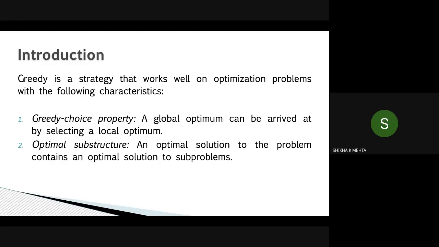So optimal substructure means the optimal solution to the problem contains optimal solutions to its subproblems. As I said, it is based on this hypothesis that if we have the optimal solution, optimal here means the best solution. Best may depend upon the problem, whether it is a minimization problem or a maximization problem. Let us say when we talk about the traveling salesman problem, we are trying to reduce the cost.